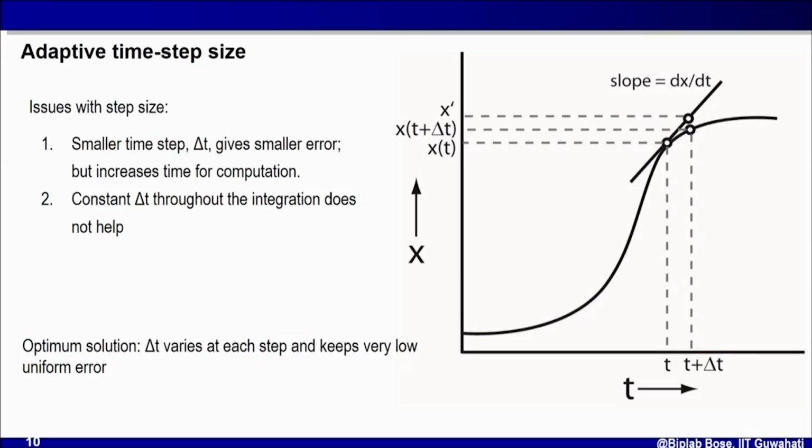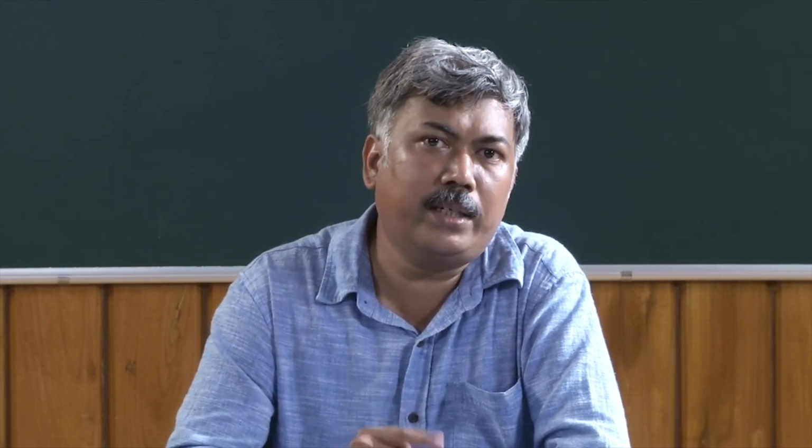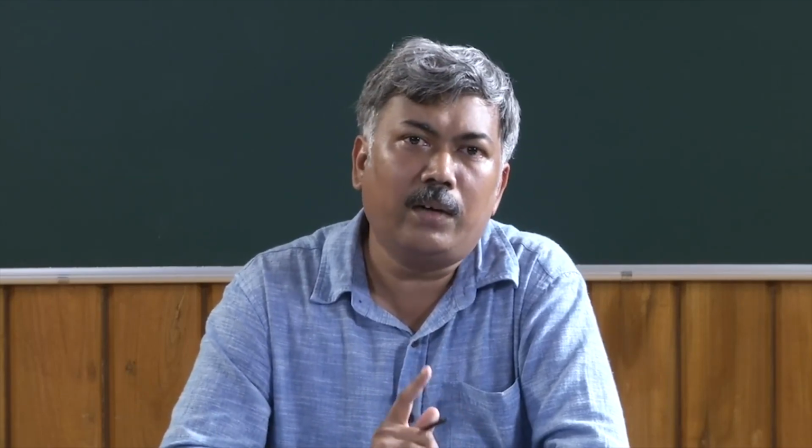Now what I have discussed till now is that if I take an average slope at a particular time point and then estimate the new value of x at the new time point, we are getting a better result. But still the issue of delta t lingers here. If you remember, in our previous module we discussed that if your delta t is bigger, your error will increase.